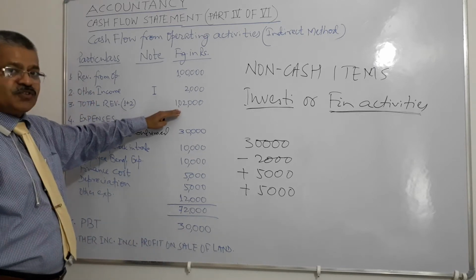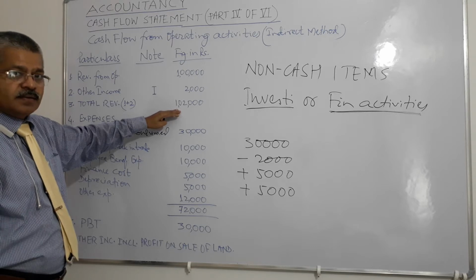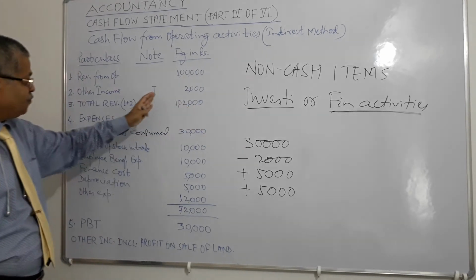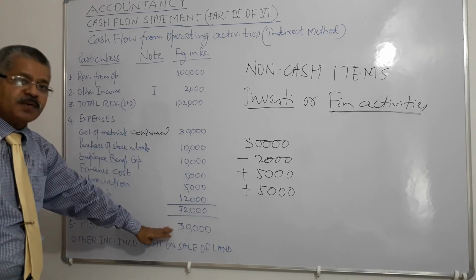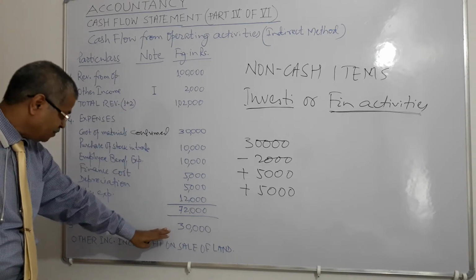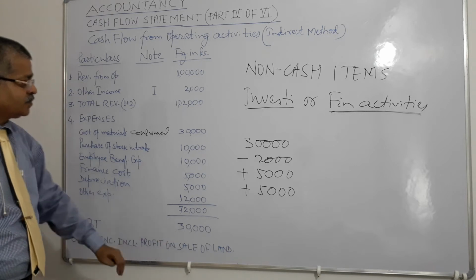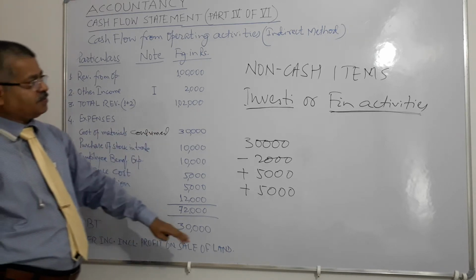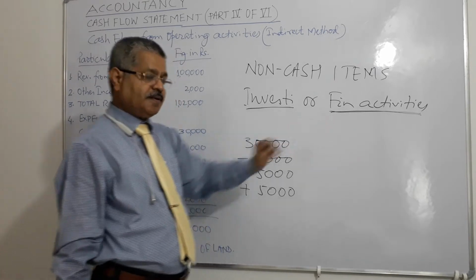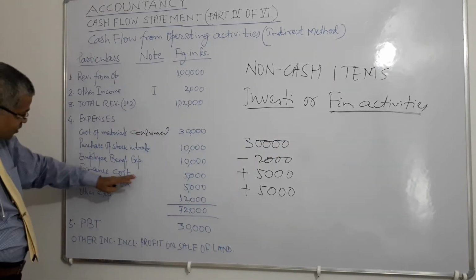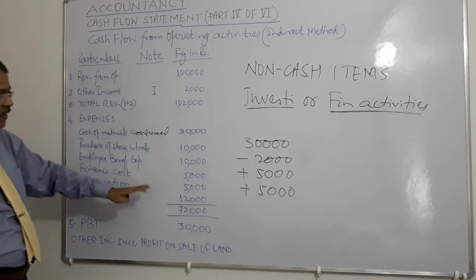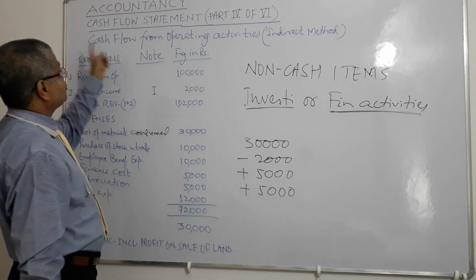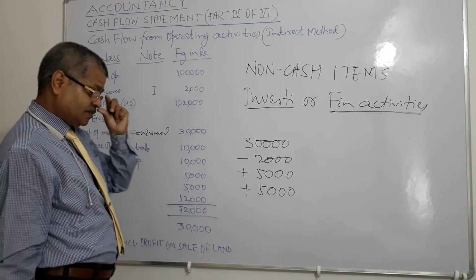Other income, which is on account of sale of land attributable to investing activities, we have deducted from 30,000, so it becomes 28,000. And finance cost of 5,000, which is attributable to financing activity, since it is an expense in this P&L, needs to be added back here for arriving at cash flow from operating activities.